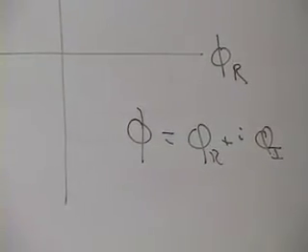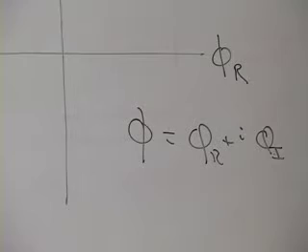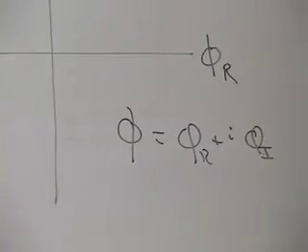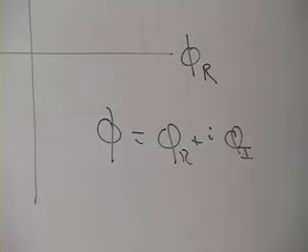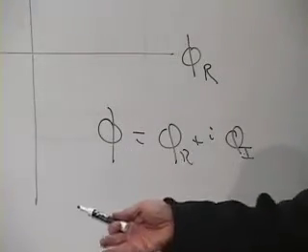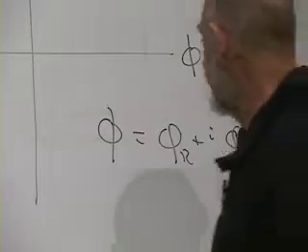It's a field. It depends on position. But knowledge of that field involves knowledge of the two independent components of the field. Now, these components are not components in space. This is just a field which is composed out of two fields and grouped together to form something called the complex field phi.